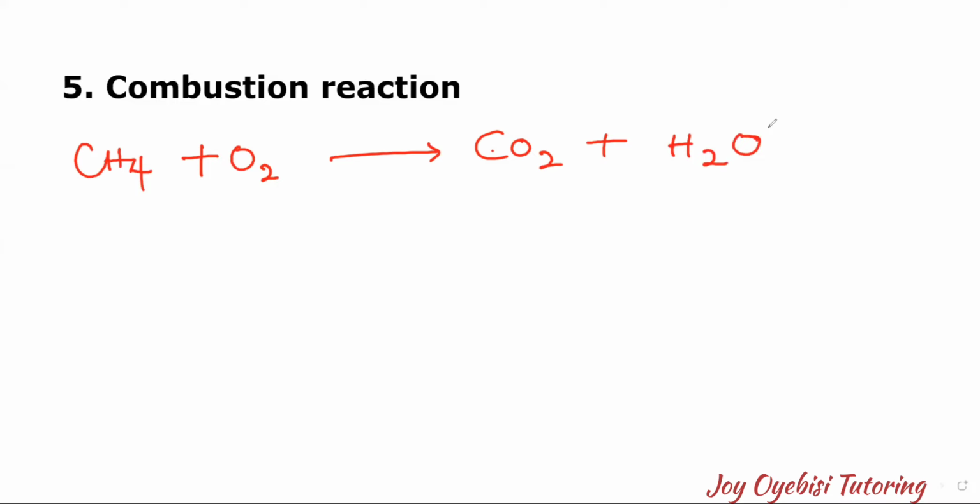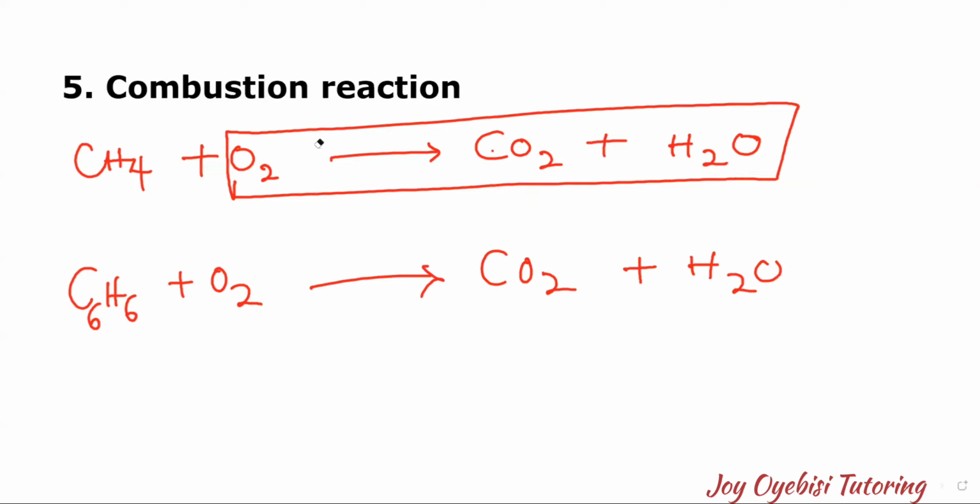Now, this is going to be the same irrespective of how many carbons you are reacting with. It's going to give you carbon dioxide and water. So what am I trying to say? Even if we make use of C6H6 plus O2, you see this is 6 carbons, this is benzene, it's still going to give you carbon dioxide and water.